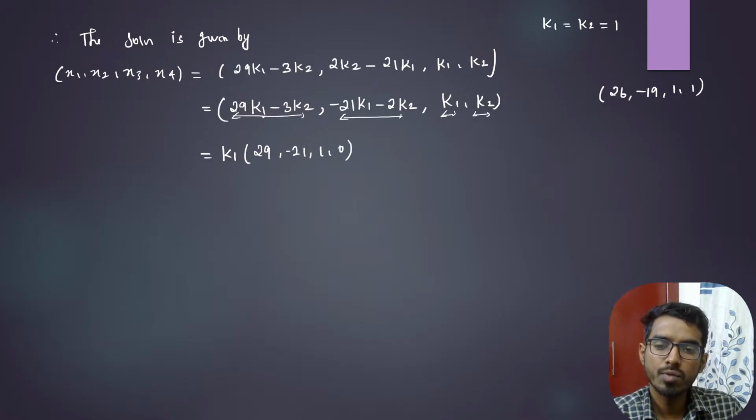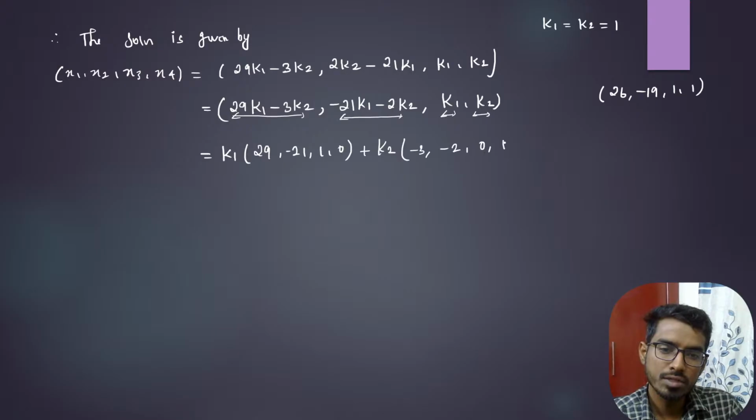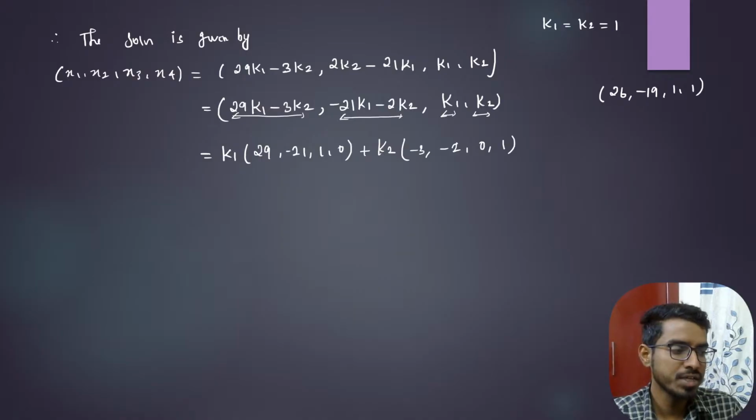Here the k1 coefficient is 29, here it is minus 21, here it is 1, and here there is no k1, so I'll put 0. Plus k2 times, just collect all k2 terms: minus 3, 2, here there is no k2, this is 1. See, both are the same, right? If I add, you will get 29k1 minus 3k2, minus 21k1 plus 2k2, k1 plus 0k2, 0k1 plus k2.